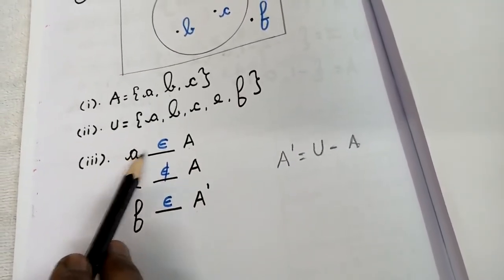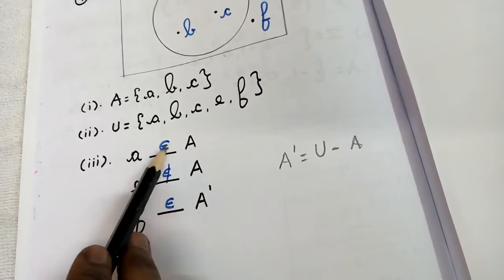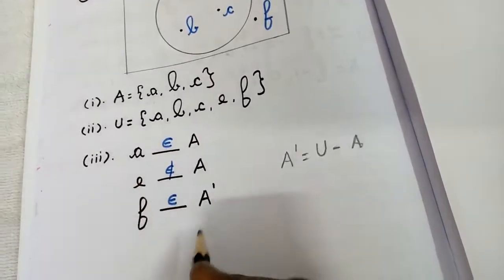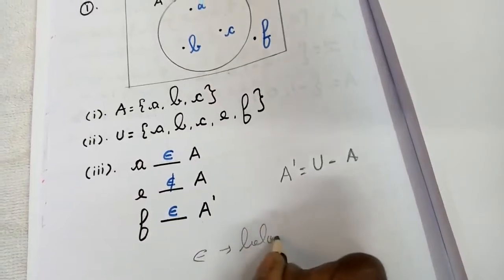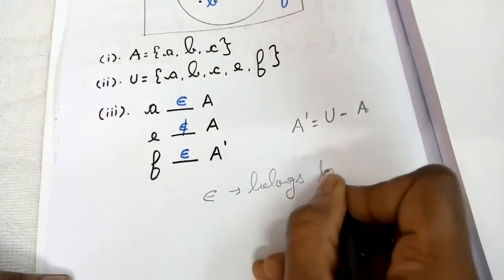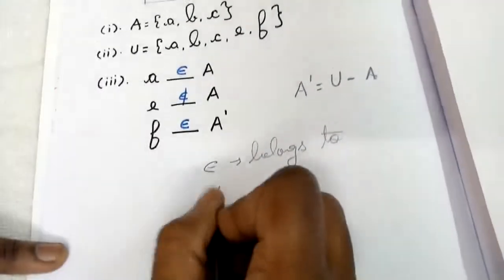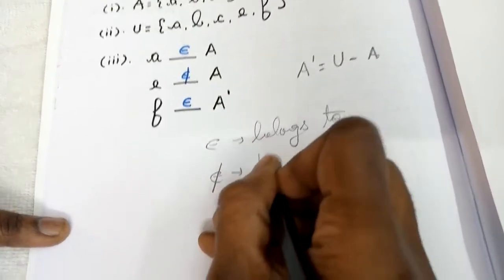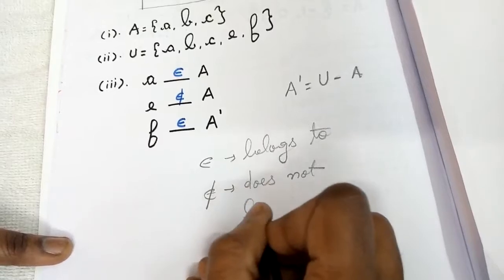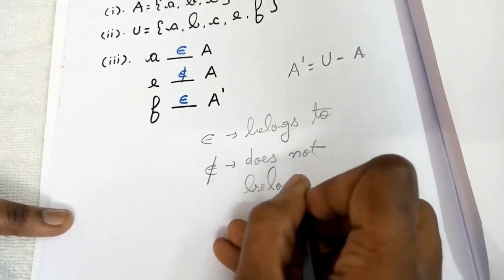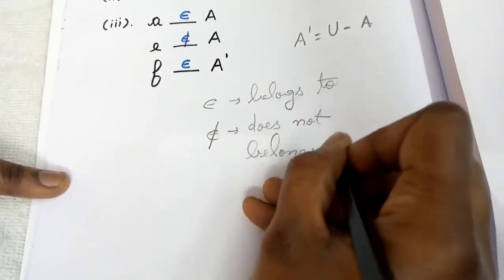The symbol for belongs to is this one. And if you put a line through it like this, it means does not belong to. So, that is the concept of does not belong to.